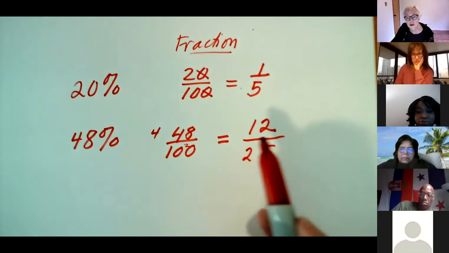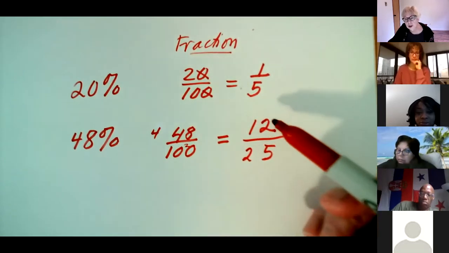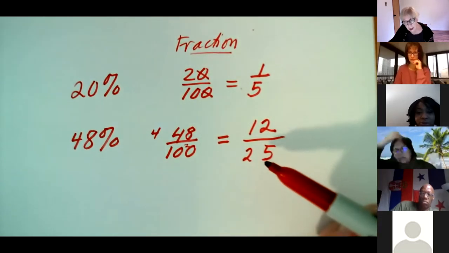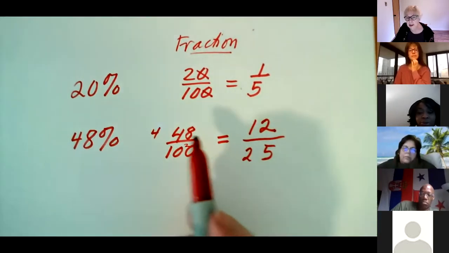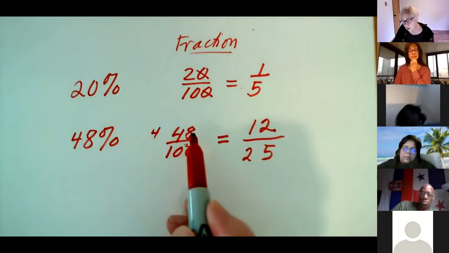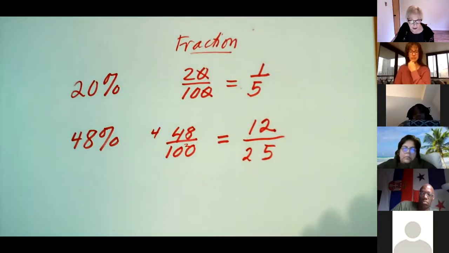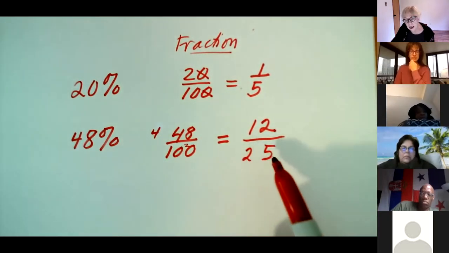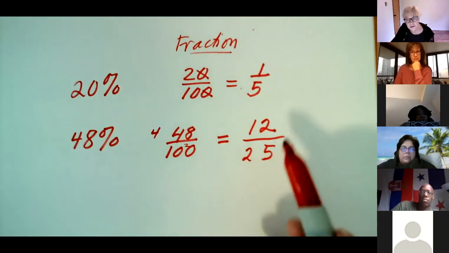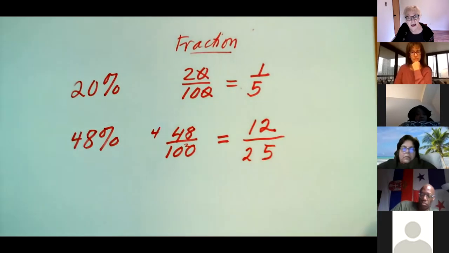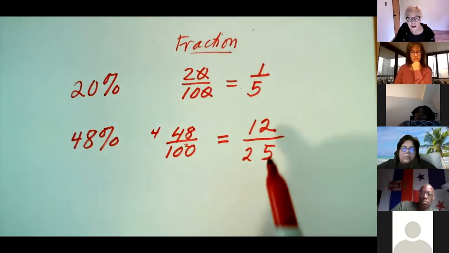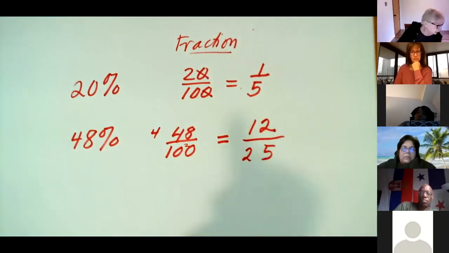So this is the reduced version. You then look to see, will this reduce further? Now you could have divided by 2 and divided by 2 again, but it was fairly obvious 4 would work to me, so I just did it. Because this 25 is 5 times 5, the only way this would reduce is if there was a factor of 5 here. There's not. So this one is done.